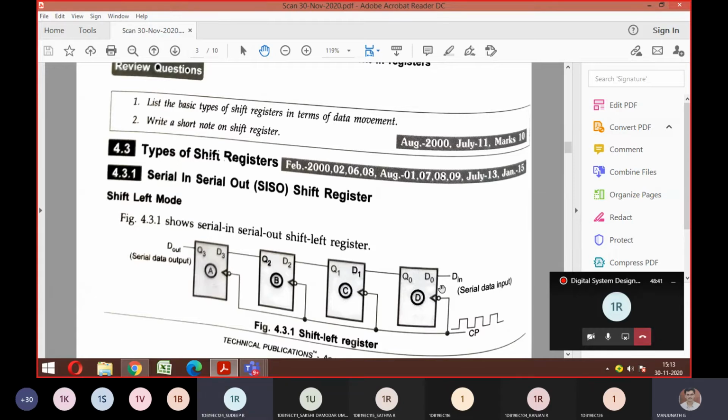But if they specifically ask to explain SISO with respect to shift right or shift left, you should answer according to that. Don't write blindly whatever you want. If it is given general, you can pick whichever you want. If it is given specific, you should go with that. Am I clear?